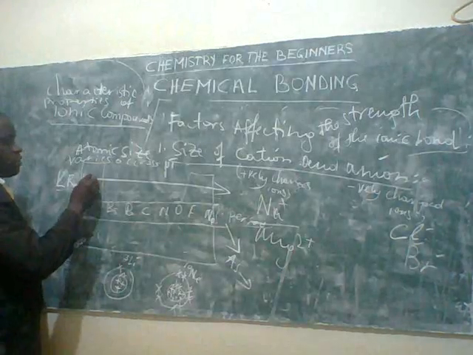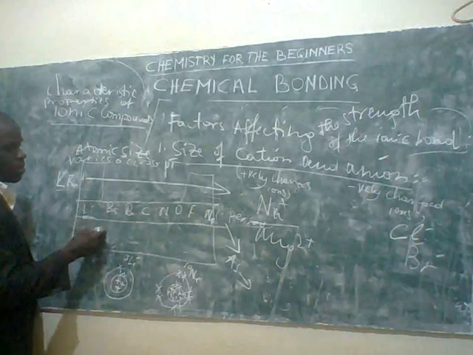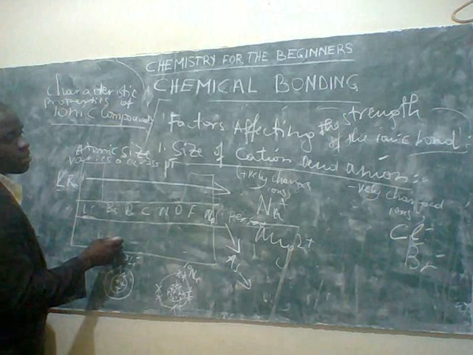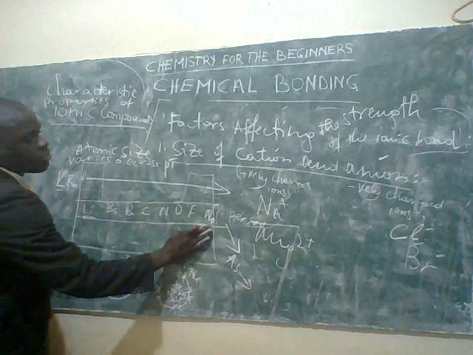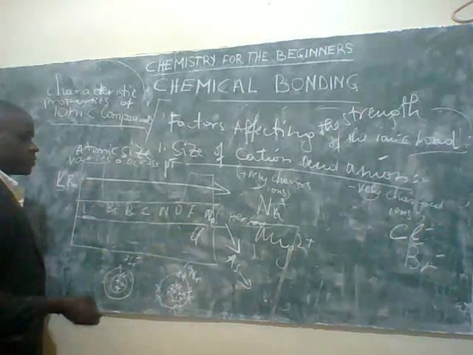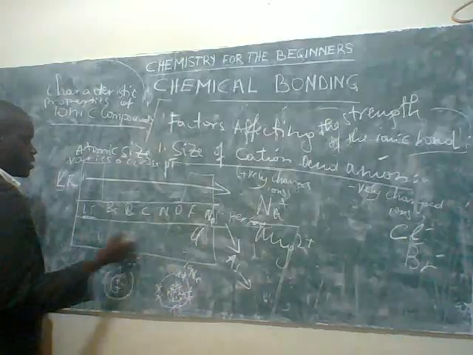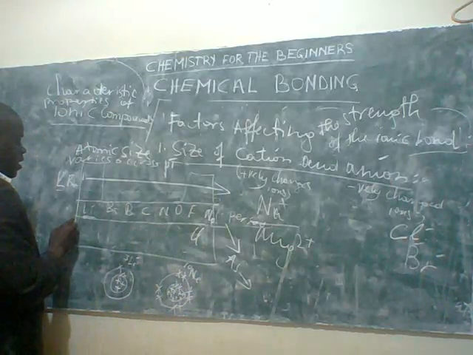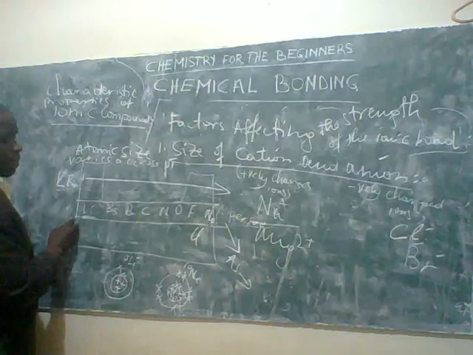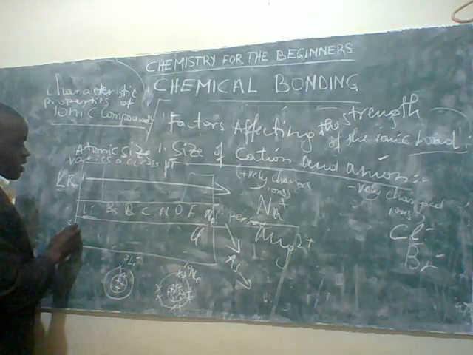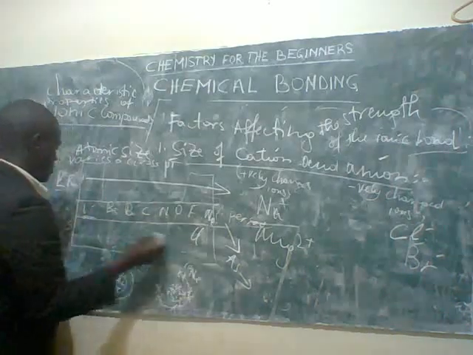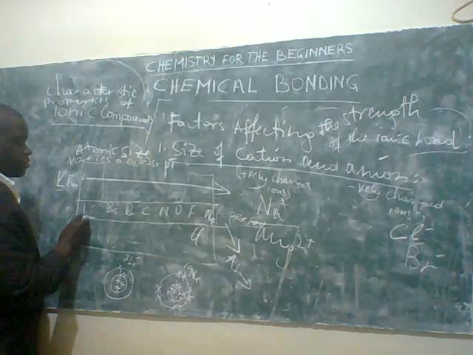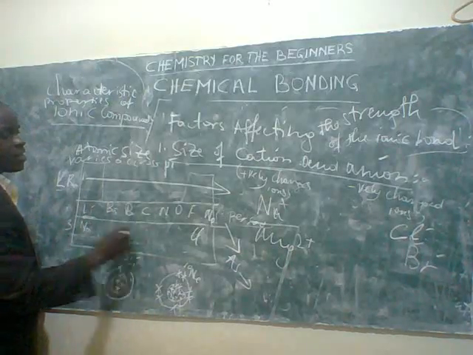But if it is like lithium, maybe we can be comparing it to chlorine like this. It will depend, because they are not in the same period. Here, this is period number 3. For example, sodium has 3.